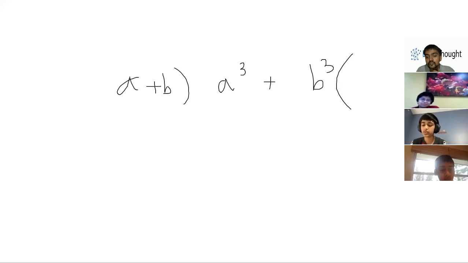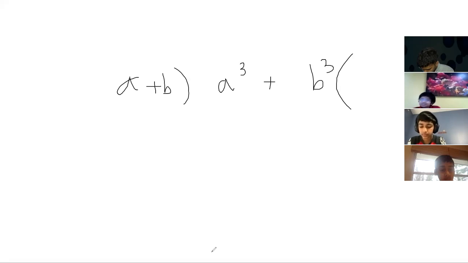A cubed plus B cubed equals A plus B into... Technically speaking, since when you're doing A plus B into something and that makes A cubed plus B cubed, would A squared plus B squared minus AB be the answer?